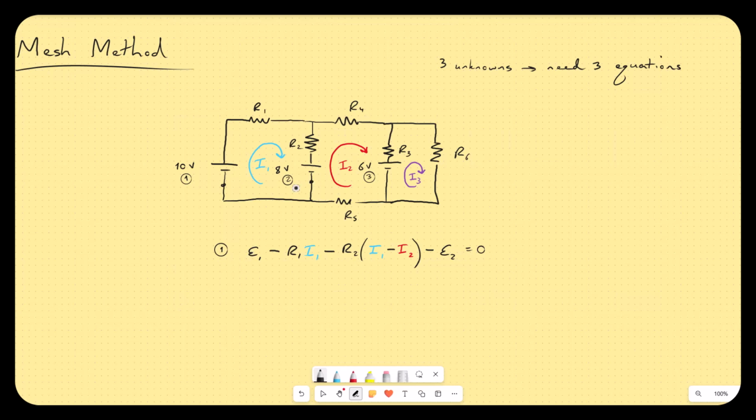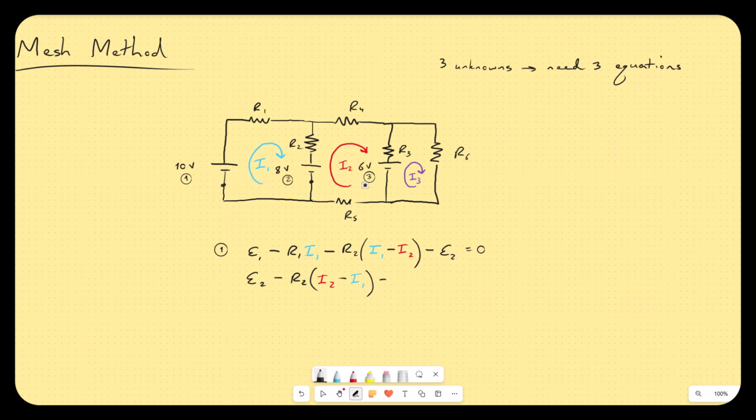So for the second loop, I'm going to do this middle one. I'm going to start here and start moving up. I'm going to have E2 minus R2 times I2, since I2 is going in the direction of my loop. I1 is opposing it, so I'm going to have a minus I1. I keep going.